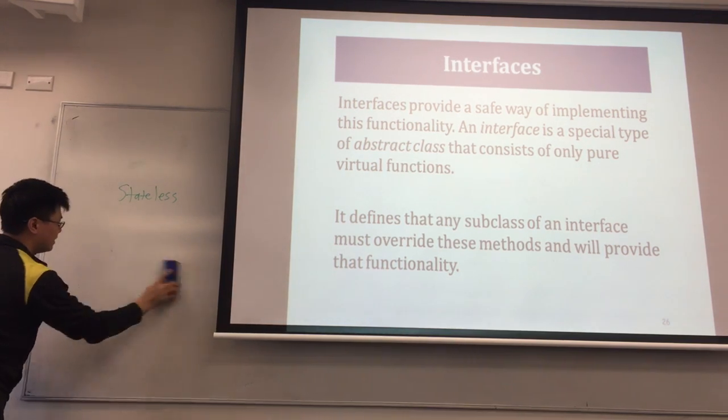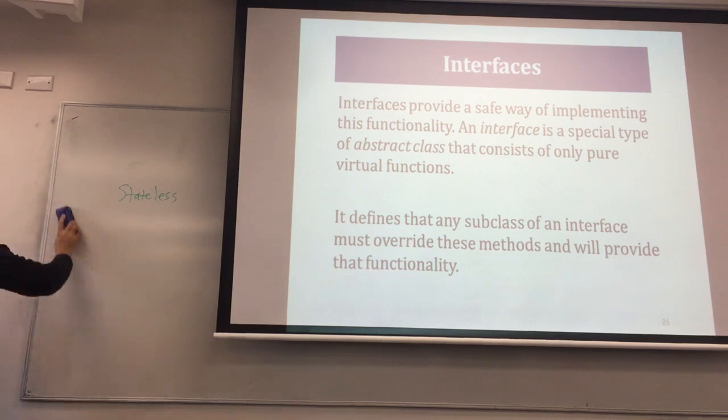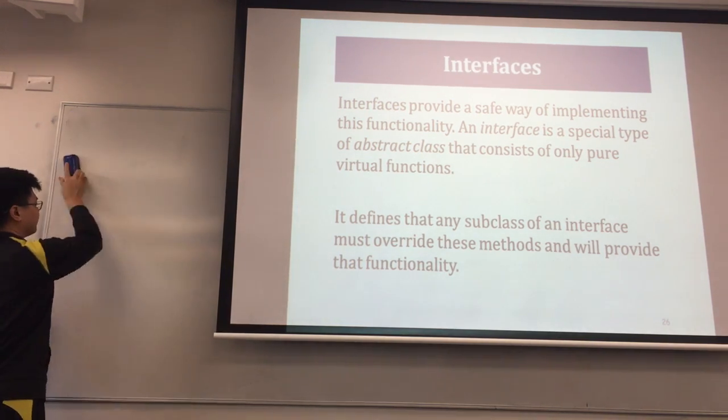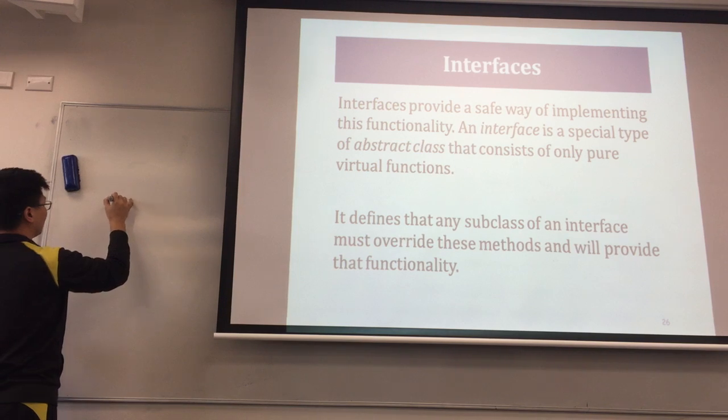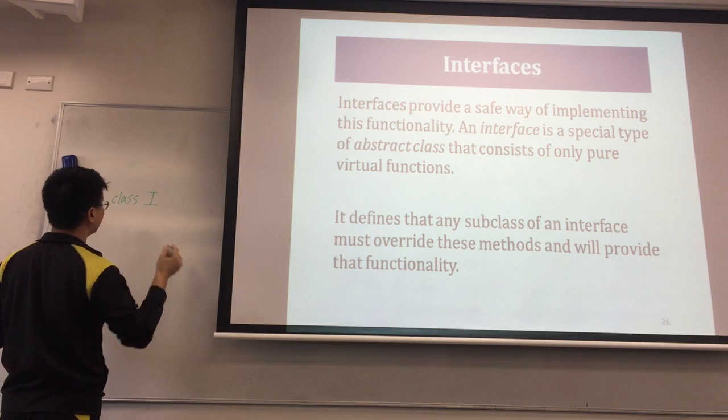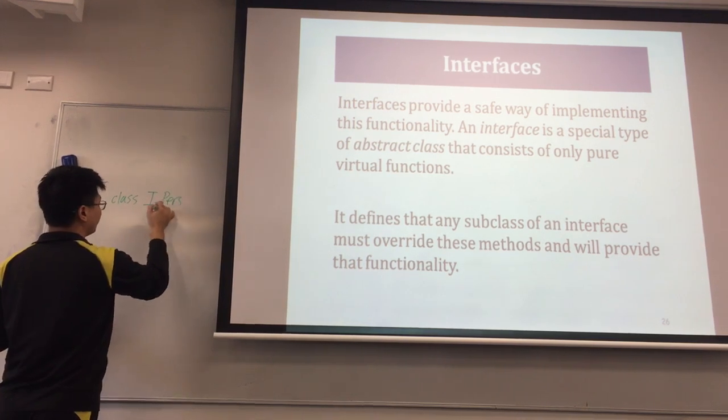So in general, if you want to declare an interface, you shouldn't have any data member, because it could be confusing. But if you must have a data member, then it must be final, like this. So class IPerson, I being interface.